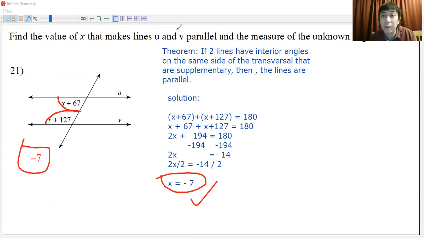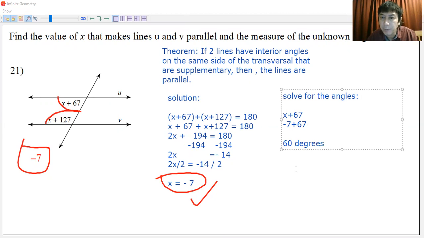All right, how about the values of the angles? Let us solve for the angles. We have x plus 67. We will have now negative 7 plus 67, and that looks like 60.